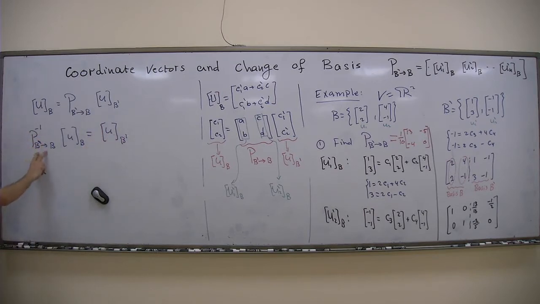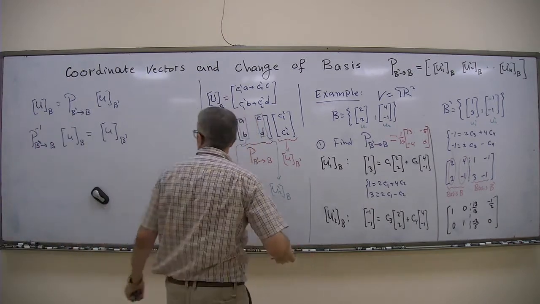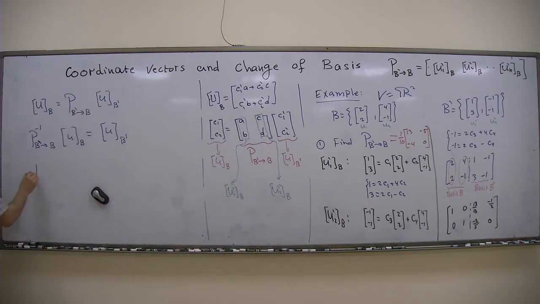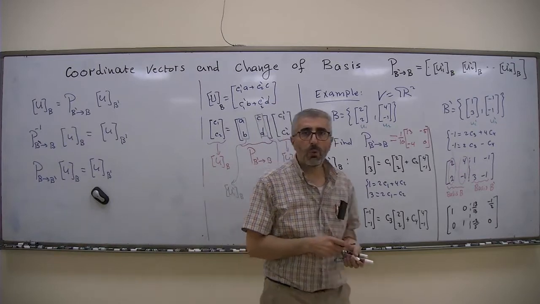And this, actually, it is the same if you reverse what we did. So this is, in fact, B to B prime. So always you can do this gymnastics here and evaluate or compute what you want to compute.